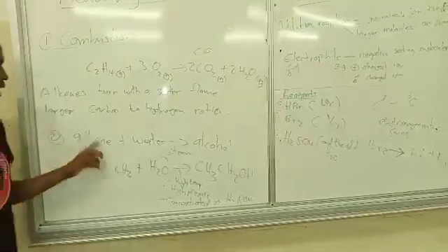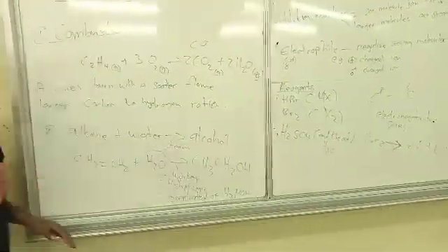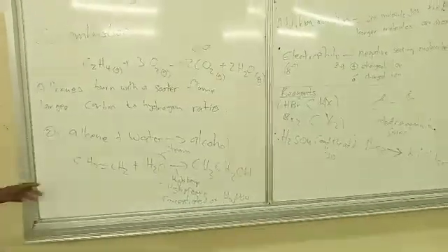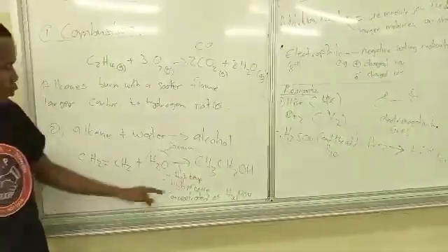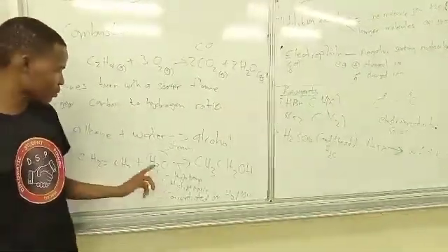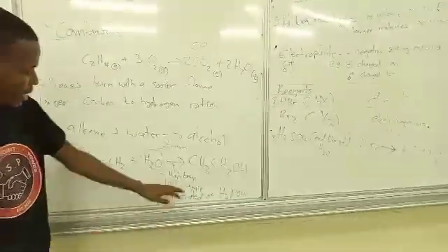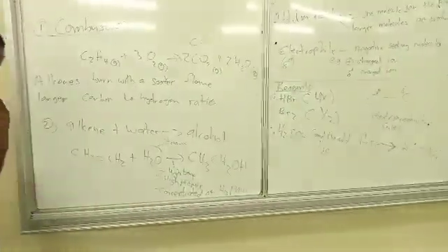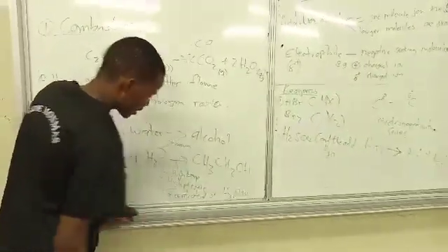So alkenes react with water and form what you call an alcohol. The conditions for that: it should be steam, or sometimes I like to say high temperature. The water needs to be boiled, with high pressure, and the catalyst is concentrated sulfuric or phosphoric acid.